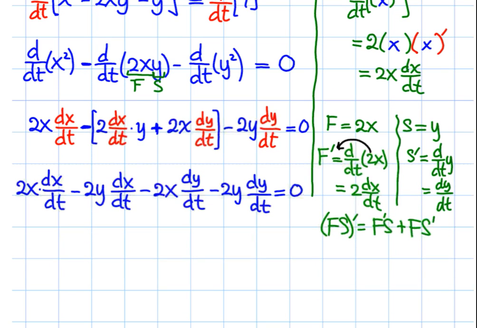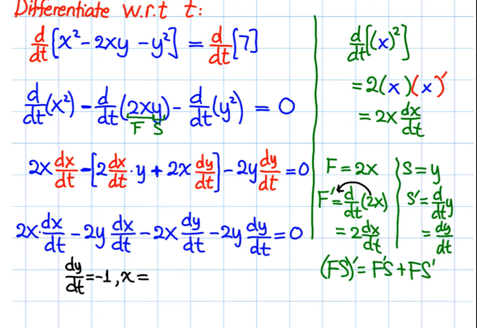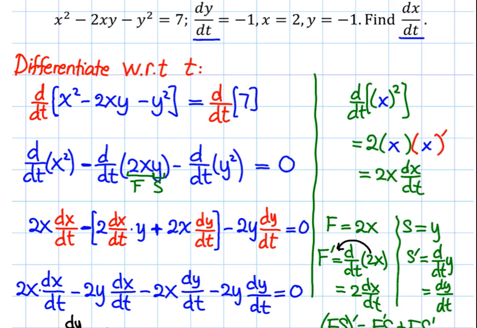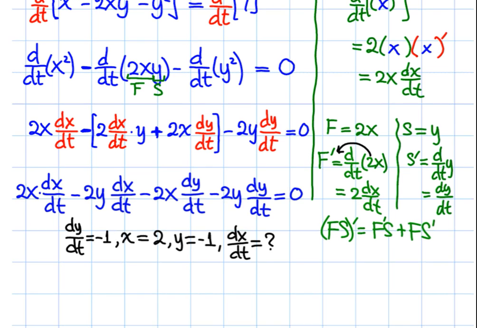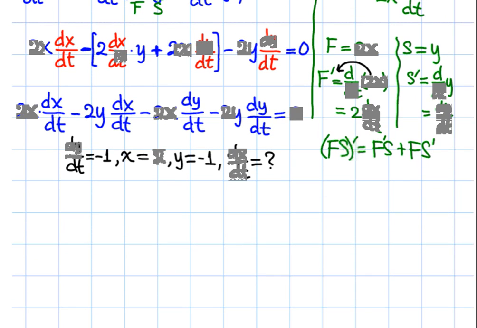So what we have is dy over dt equal to -1. x is 2 and y is -1. And dx over dt, we don't know that, but we're looking for it. Right. Now substitute all of these numbers into the equation.